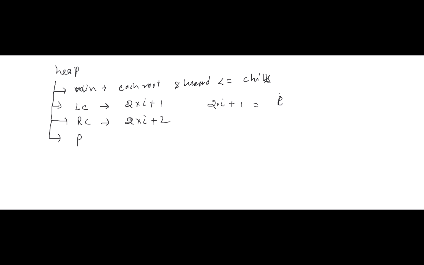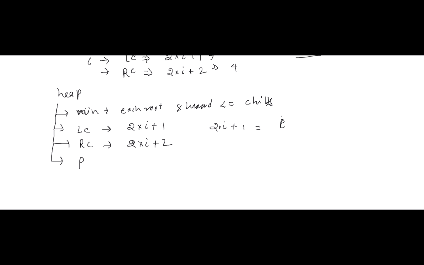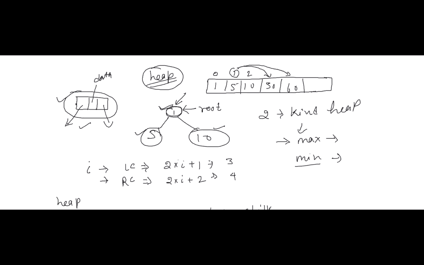So we can get the parent. For example, here, what would be the parent for this? This is 0, 1, 2, 3, and let's say 4. So the parent for this is this, and the parent for this is this.